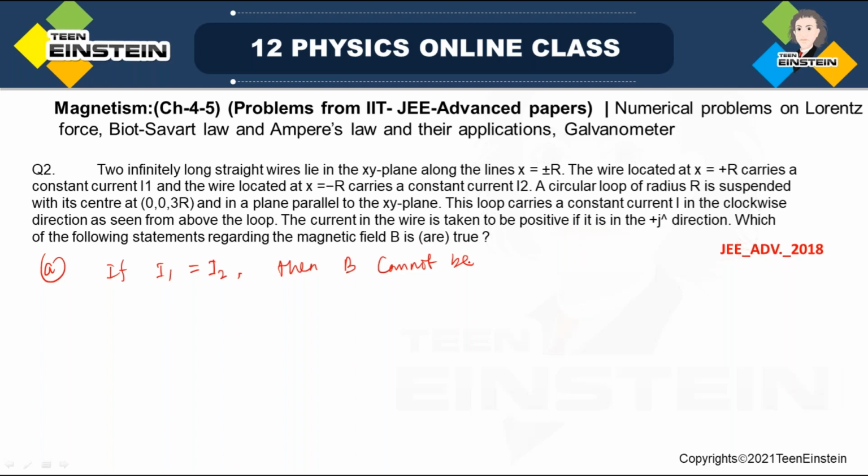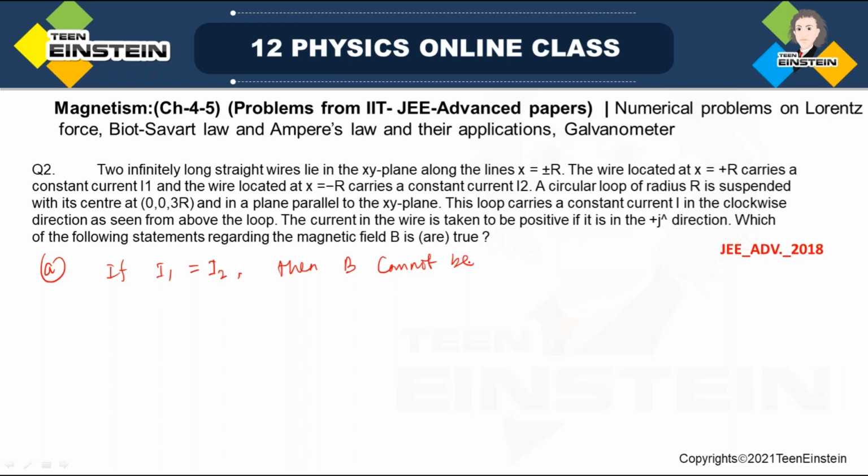Now let us see the figure. Okay, the figure is here. Suppose this is the positive y direction, and I1 is in this direction, so it will be producing a magnetic field.